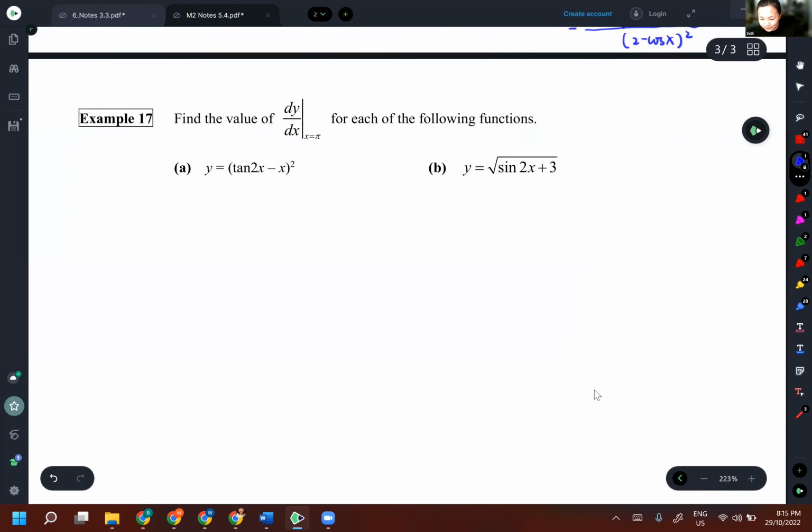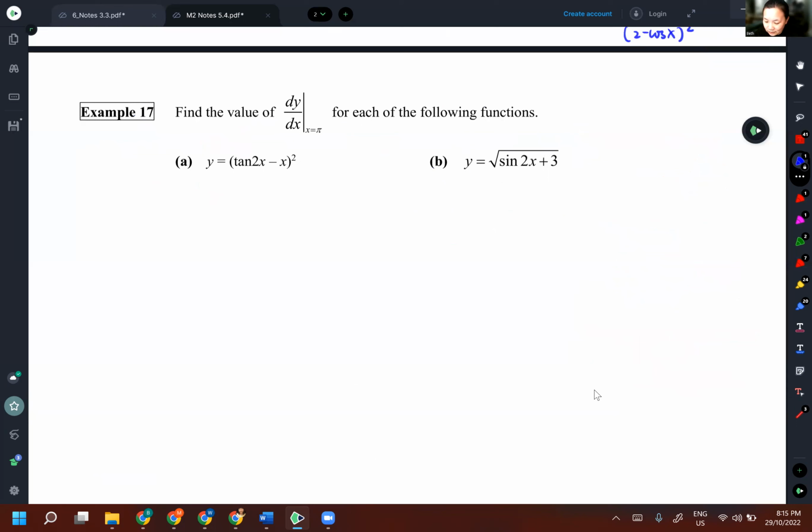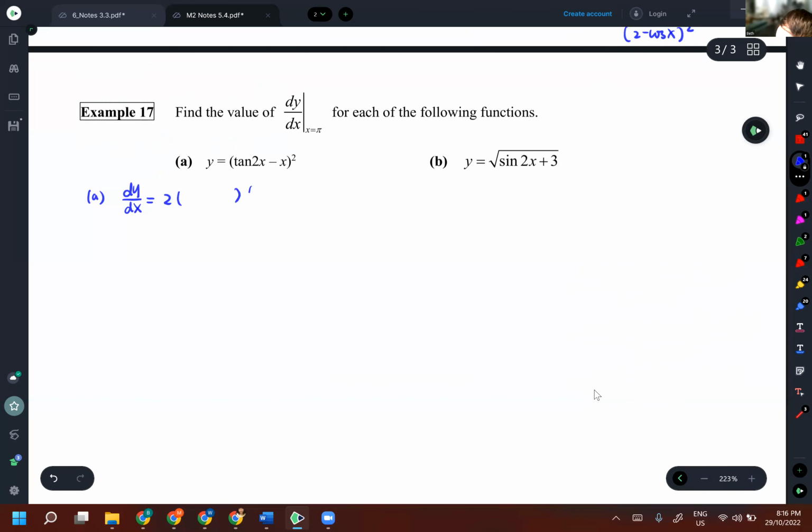Example 17. dy/dx at x equals pi. So this is also a derivative function and then a derivative value. Part A. dy/dx first. Now I see an outside function that's 2u times du/dx.